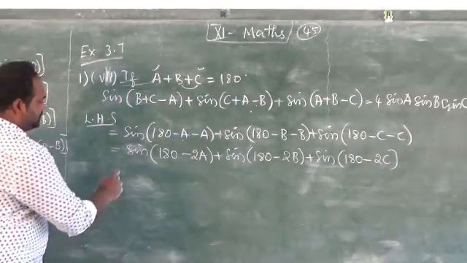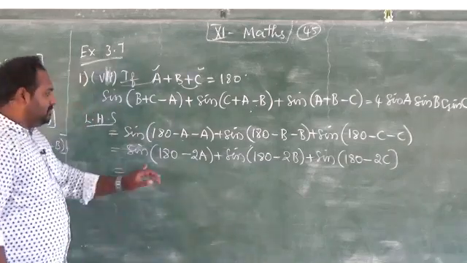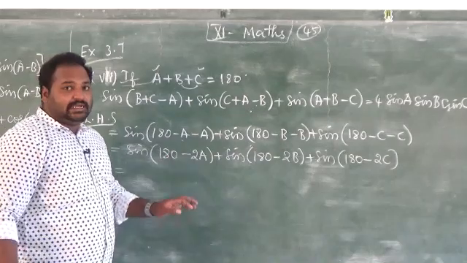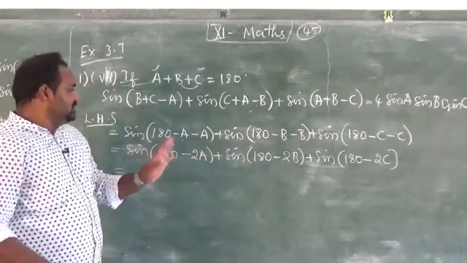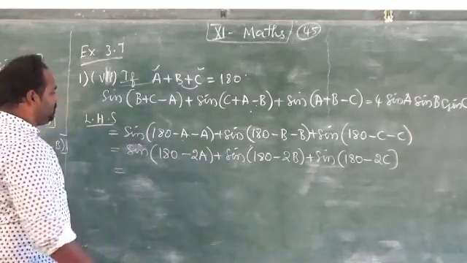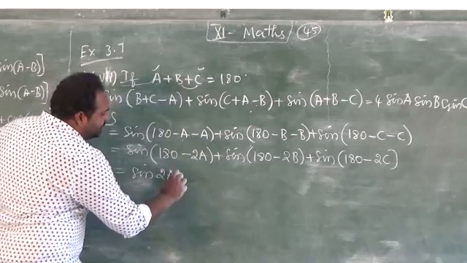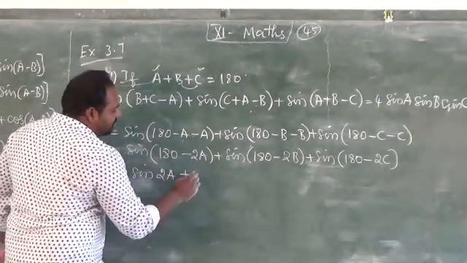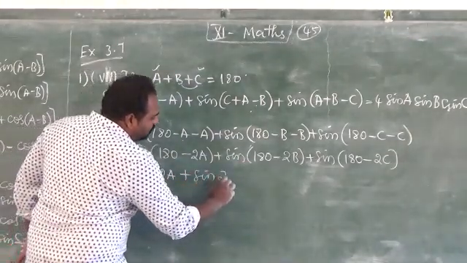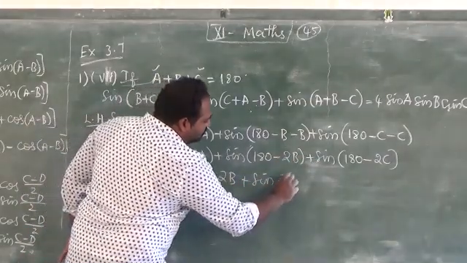After that, look at here, this is second quadrant, sine positive, there is no change. Since we have 180, there is no change in the ratio also: as it is, sine of 2a plus sine of 2b, here also second quadrant, sine of 2c.